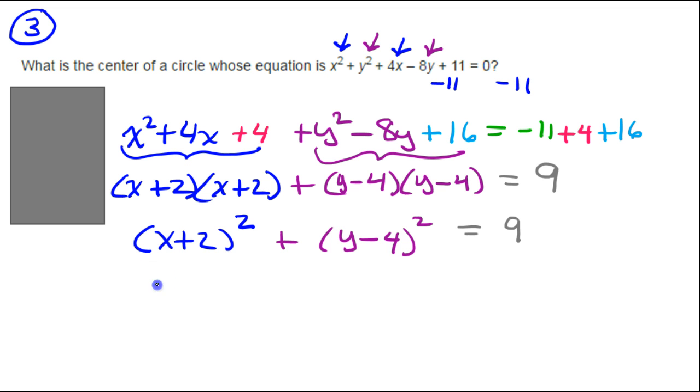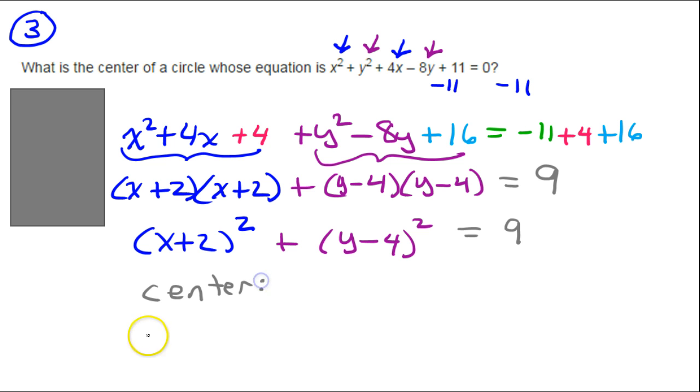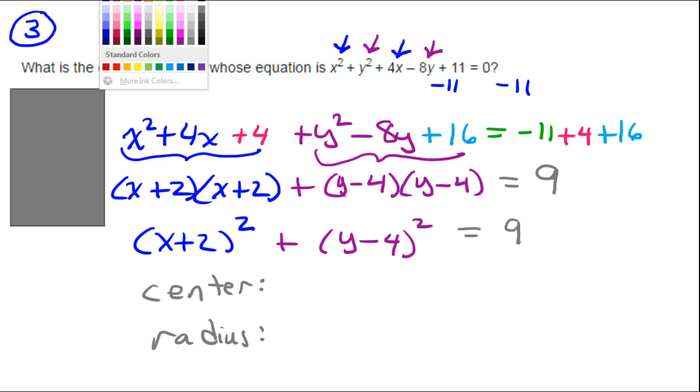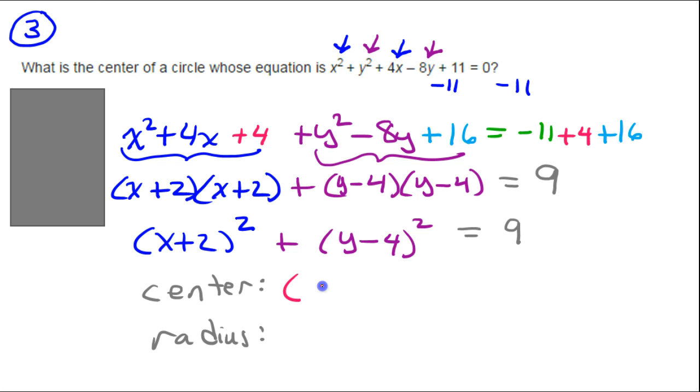Okay, so now I can know the center and I can know the radius. Alright, the center is going to come from here and here, so the center will be negative 2, comma, positive 4. It's the opposite of each one of these.